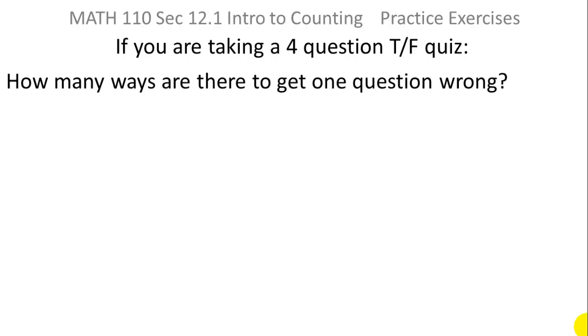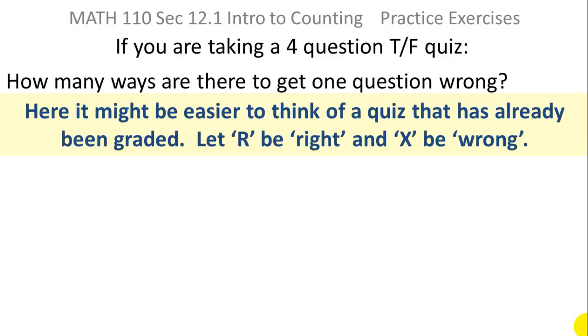How many ways are there to get one question wrong? And that really means exactly one question wrong, or just one question wrong. A tree diagram might be an easy way to think of it, but think of the responses as already having been graded. So if you got a question right, maybe a capital R means you got it right, and an X means you missed it.